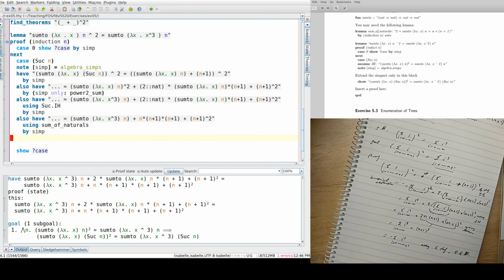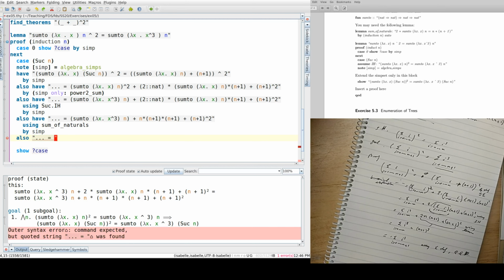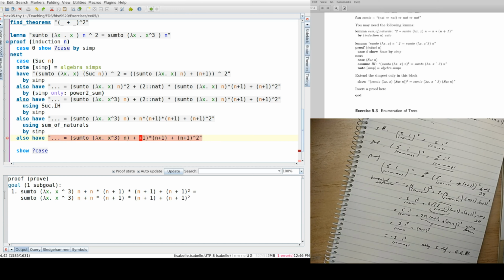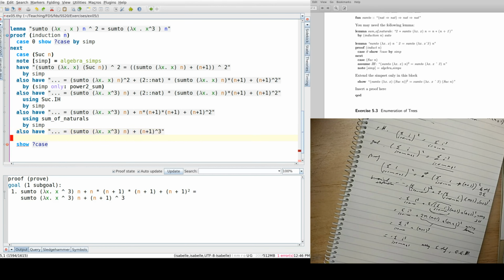And then I think this is the last step, which is to transform the second term into n plus 1 cubed. That should be a consequence of the algebra simps.